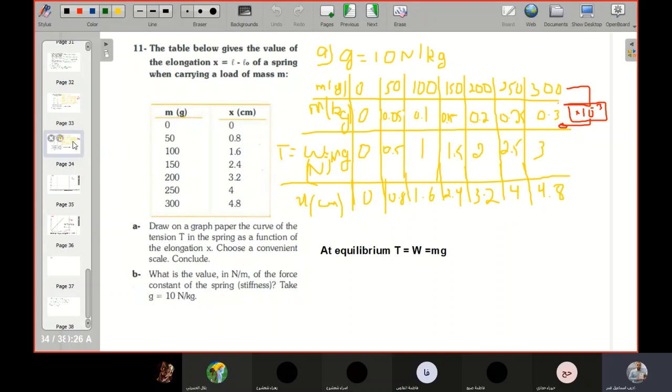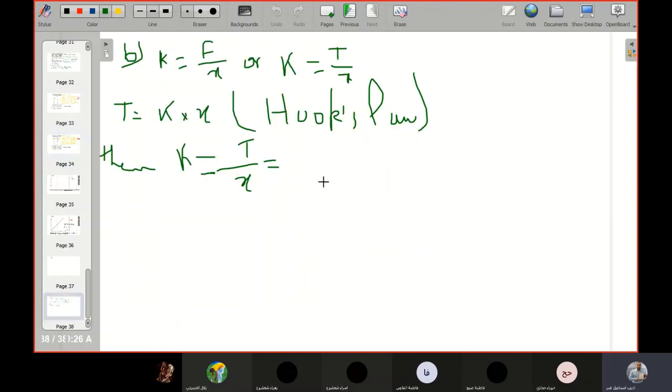We take any point of the points, tension and elongation, and we calculate the stiffness. Let's go. 0.5, which is the tension here, over 0.8. Okay. 0.5, what is the unit? 0.5 Newton, right? Over X. 0.8 is in centimeter.